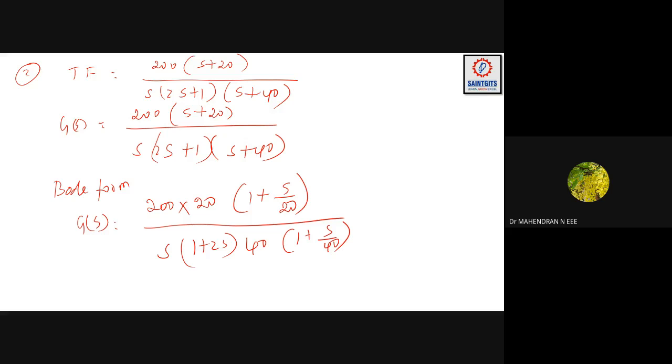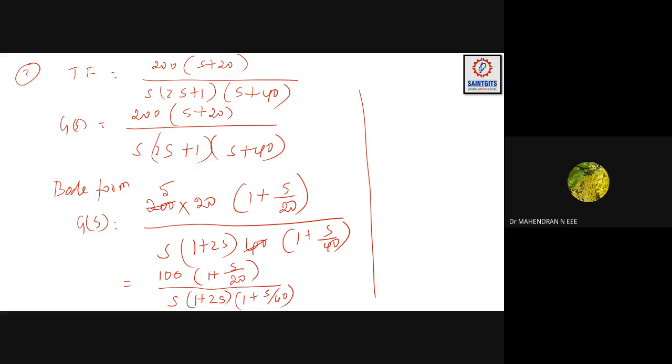Now you can cancel. This is 5 times, so it will be 100, am I right? So 100 into (1 plus s by 20) divided by s into (1 plus 2s) into (1 plus s by 40).